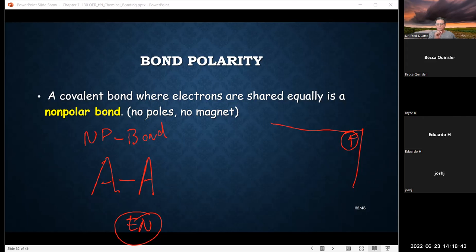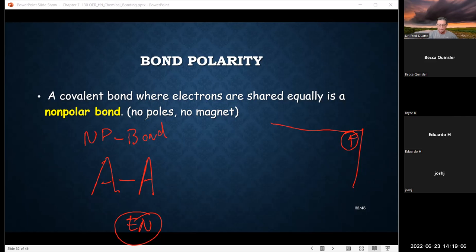And so what's happening in this bond, when they're polar, we're going to make a partial positive side and a partial negative side, simply because of who is pulling who with respect to the strength of the electronegativity of that atom, okay? So A and A, meaning they're both the same, we're going to get an equal sharing.